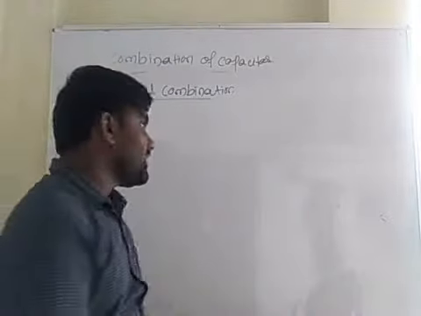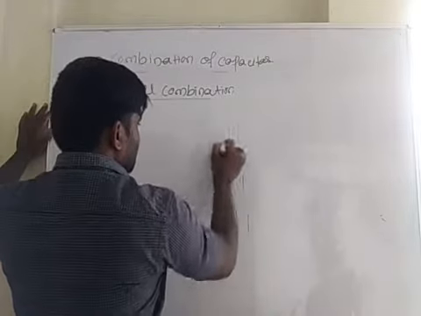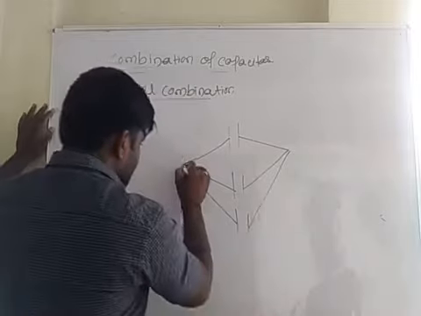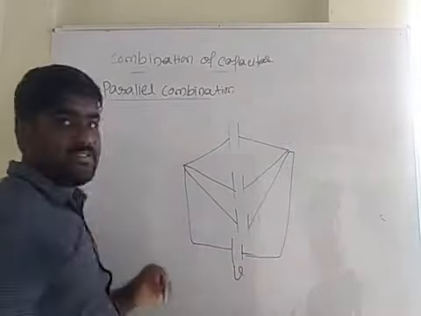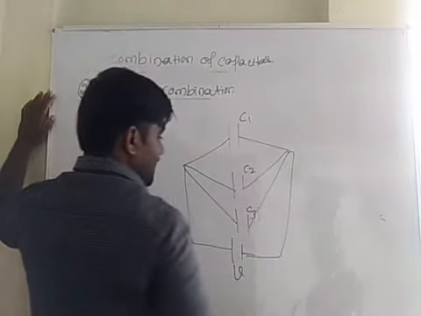How will it be? See here. These are three capacitors connected in parallel with a voltage V, potential is V. See here, capacitances C1, C2, C3.